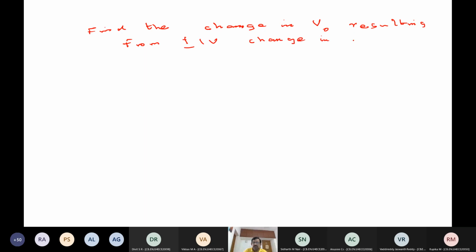This is very simple. The concept of line regulation, to bring that in only, we have done this. The same thing that we attacked with the voltage division law. So we need to use the same concept over here. Delta V naught will be equivalent to, this is my change, plus minus delta VI, and you have the small signal dynamic resistance that is going to change. So R plus r.